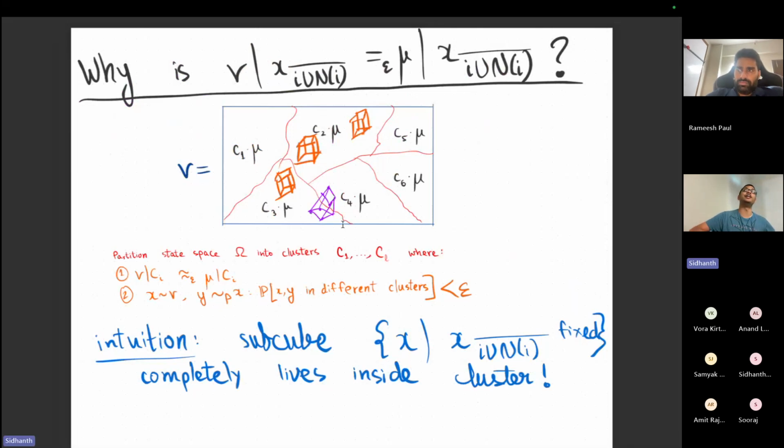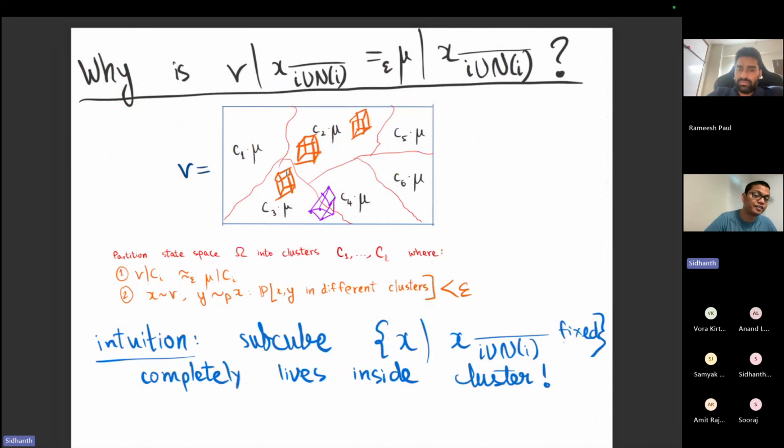The thing you can interpret our proof as doing is showing that most of these subcubes, namely the set of all x where most of the coordinates of x are fixed, completely live inside one of these clusters.